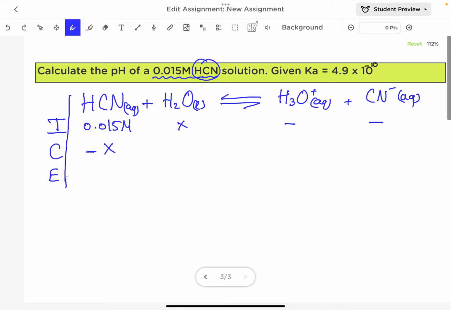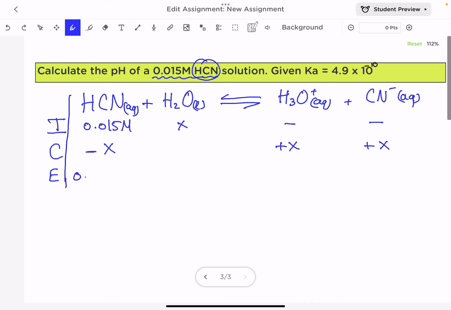So it's the quantity consumed from HCN in order to turn into H3O+ and CN-. So under the given acid, we write negative X because this is going to be lost because it is formed in form of ions. And here we put plus because they appear, they show it's ionized, it is formed.